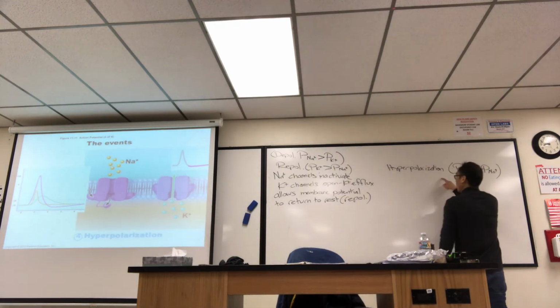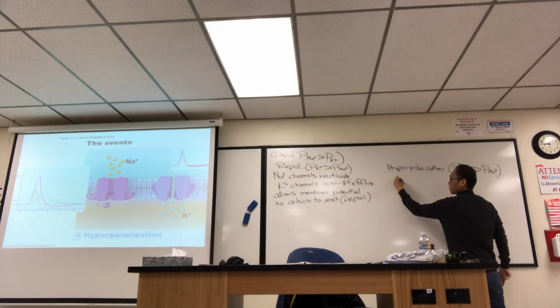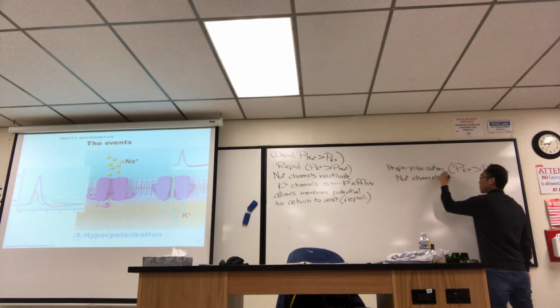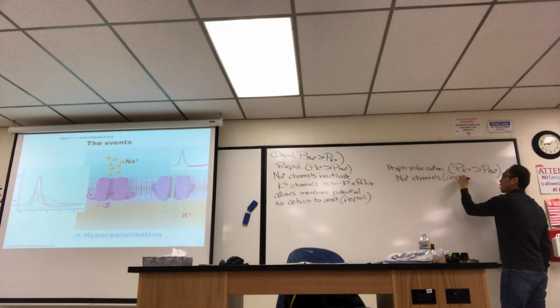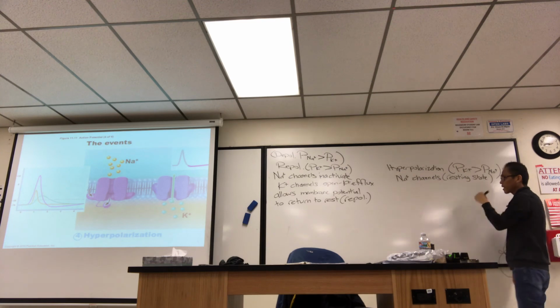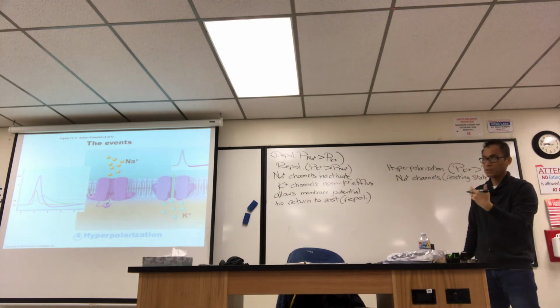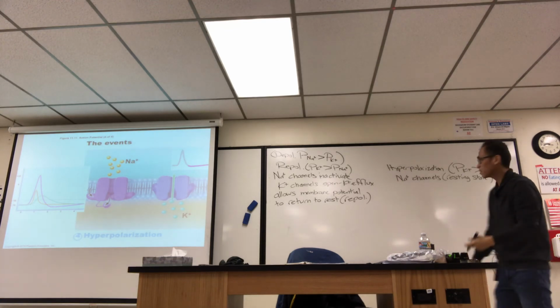So, hyperpolarization: the sodium channels are closed, not going in, they're in resting state. They're not inactivated. You still have potassium efflux because those potassium channels take a long time to close.